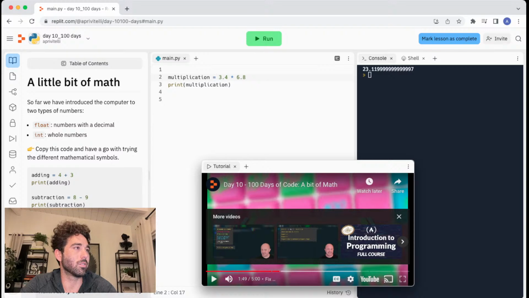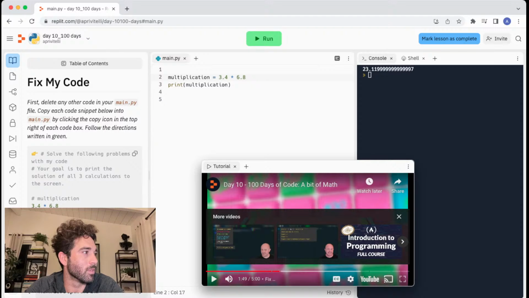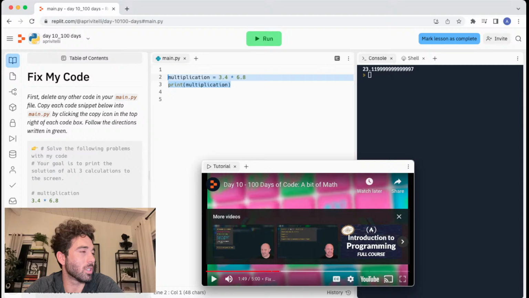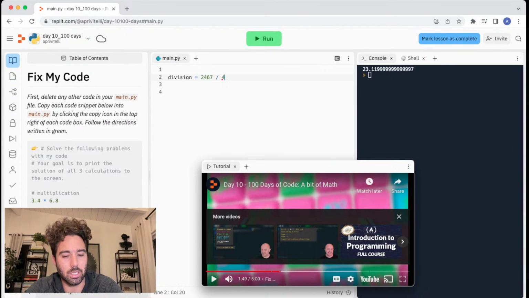Okay, so the next thing, I don't know how to round up after 2 decimal places. Okay. Division. So this is just division equals 2467 divided by 4673. Print division.